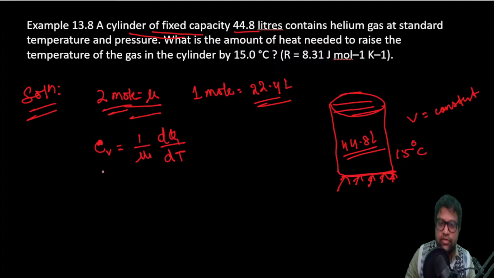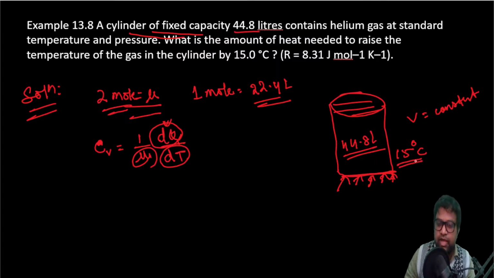This is the formula for CV, specific heat capacity, that is the amount of heat required to raise unit temperature of unit mass. This is the definition of specific heat capacity. So here what are the things given?